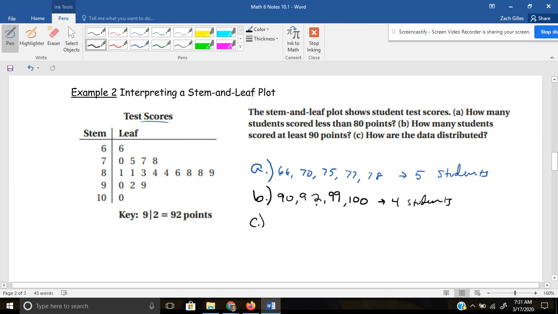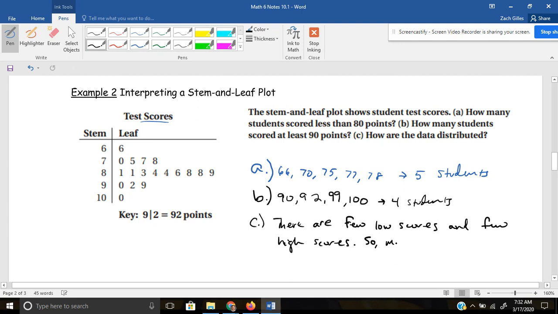Okay, so you could say that there are few low scores and few high scores. So most are in the middle.